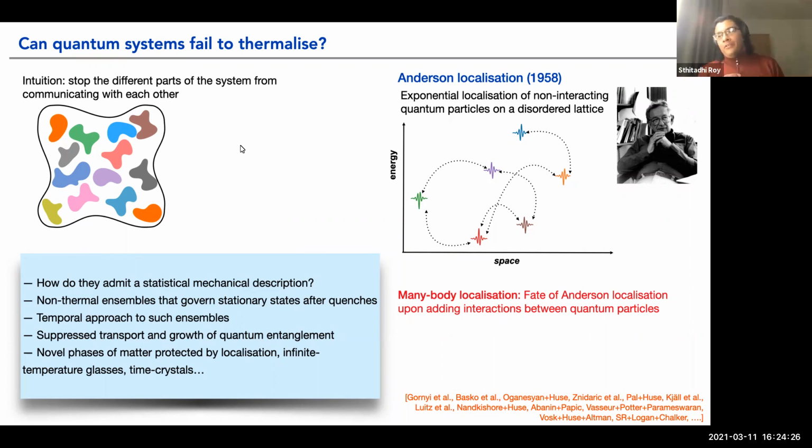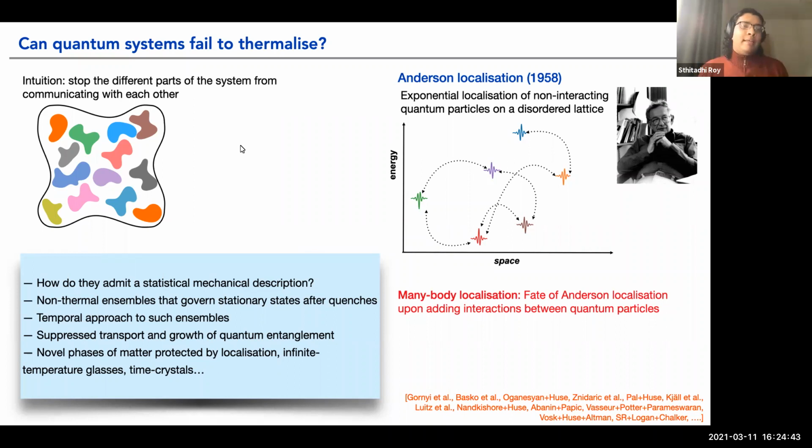But these are all fairly fine-tuned and specific models. If you disturb these models by adding some term, maintaining locality and so on, more often than not, these systems do indeed thermalize.